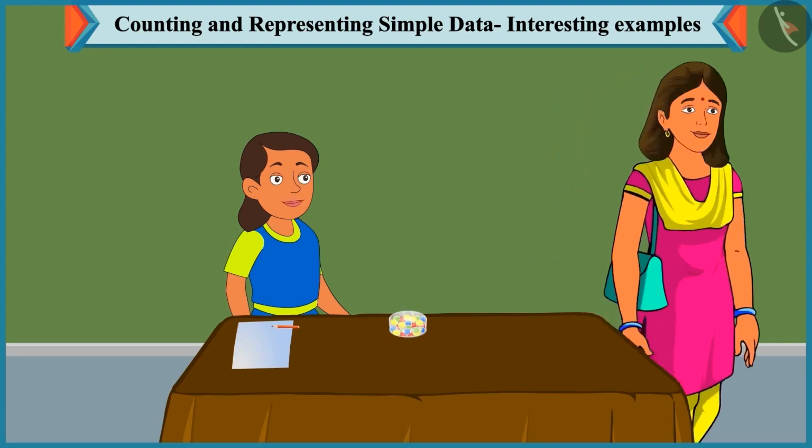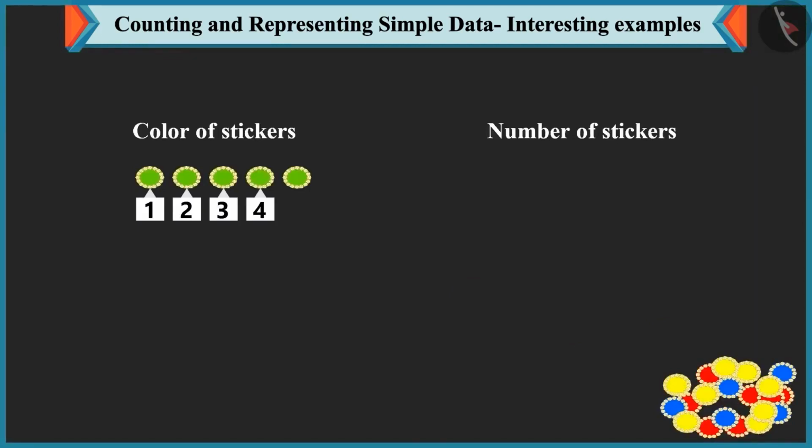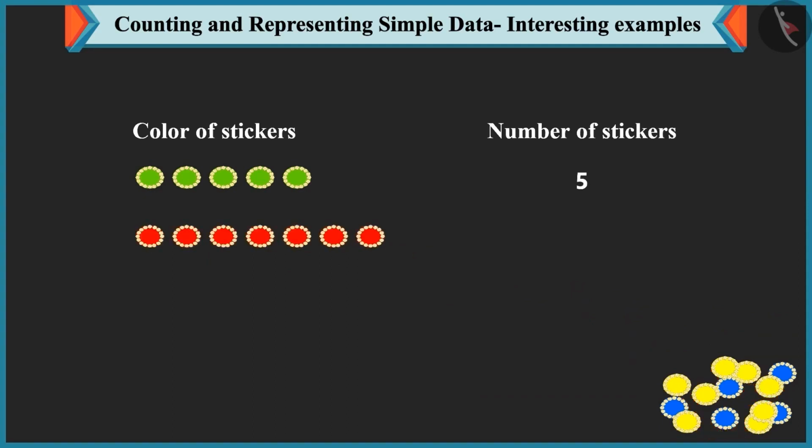Okay, Mummy. I have 1, 2, 3, 4 and 5 green stickers. So we have to write 5 against green stickers. Now there are 1, 2, 3, 4, 5, 6 and 7 red stickers. So we have to write 7 against red stickers.